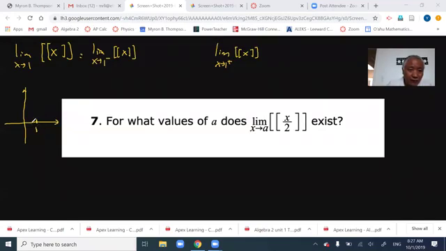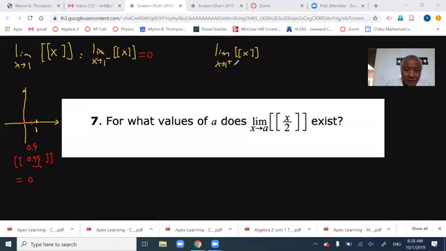If you approach 1 from the left side, the value of x will be like 0.9, 0.99, these kinds of numbers. The greatest integer of these will be 0, because they are decimal numbers, not integers, and the greatest integer possible is 0. So this limit equals 0.